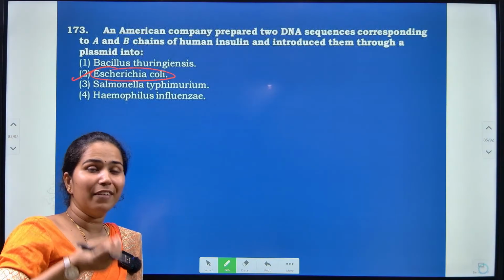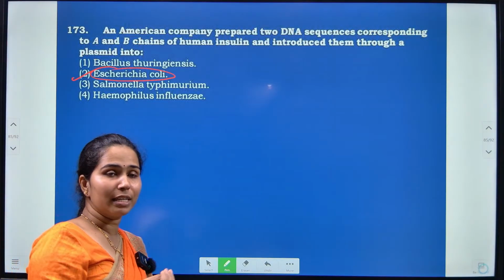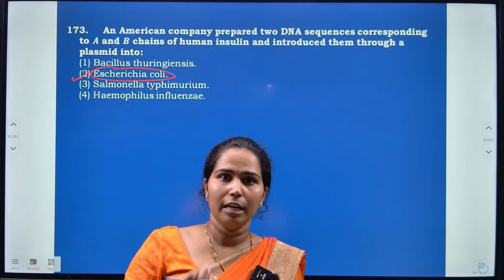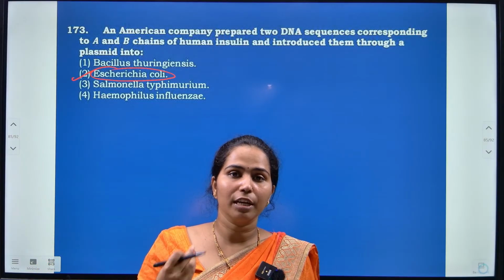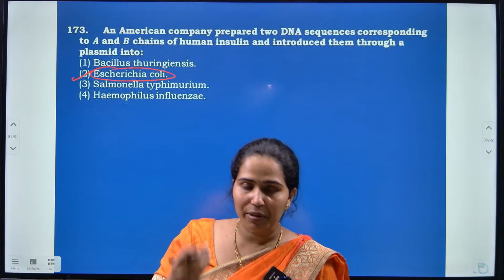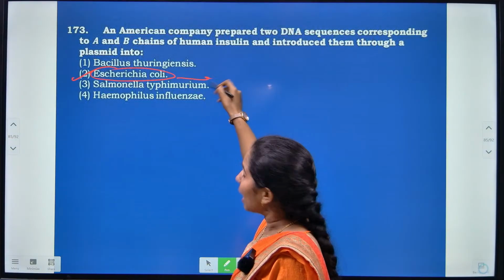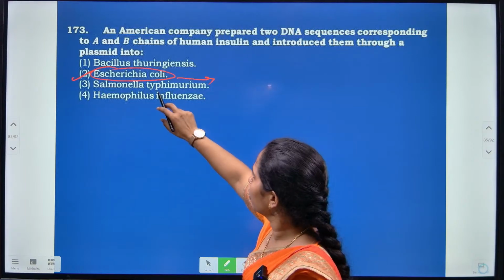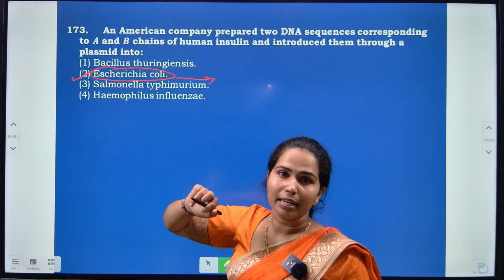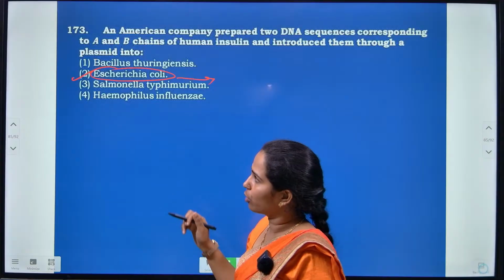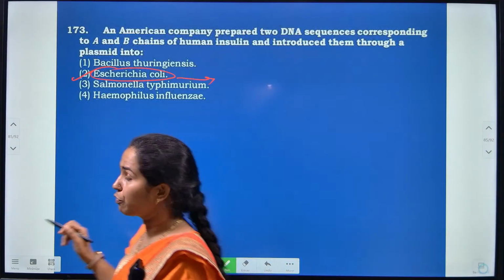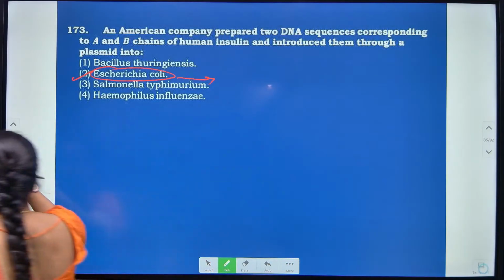Because the division of the bacteria takes place after every 20 minutes. It is going to divide into two daughter cells, hence we get rapid production. Hence we use E. coli as an ideal organism in biotechnology for the multiplication of the gene of interest.